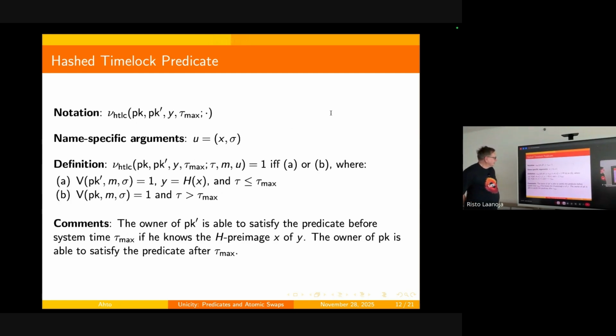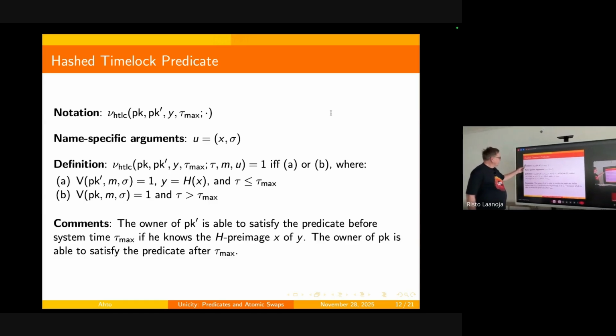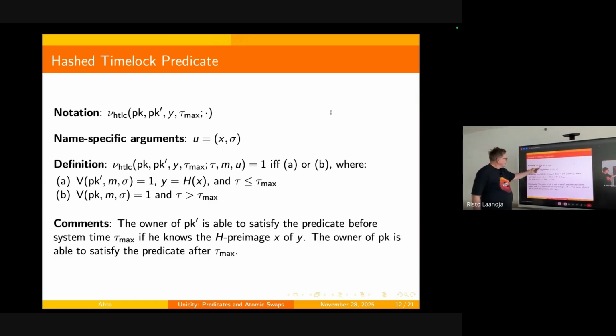You can do another kind of atomic swaps with those predicates in Bitcoin type systems. It's called hash time lock predicate. It has as parameters 2 public keys, a hash value and a timeout.